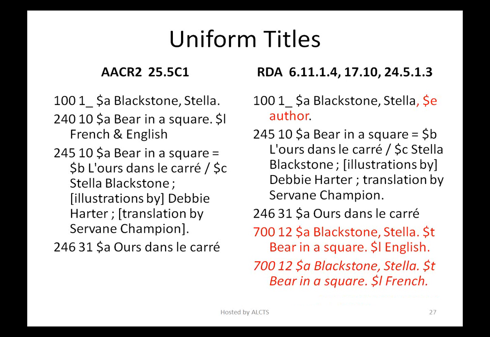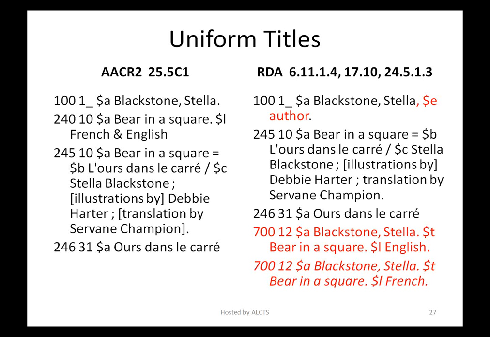Okay, uniform titles. In RDA, you can see the example here of a work that is in French and English, Bear in a Square, L'ours dans le carré, and we would use a uniform title for the title in the original language, which is the English Bear in a Square, followed by the title of the translation, and if the original was also there, you would have French & English.